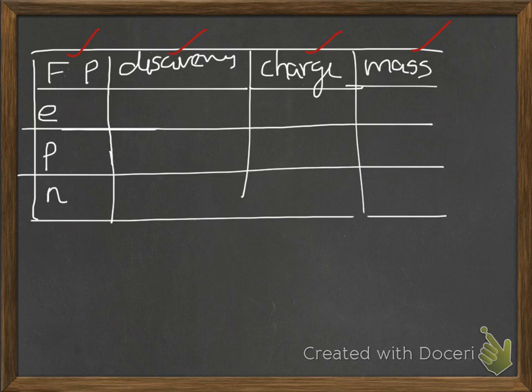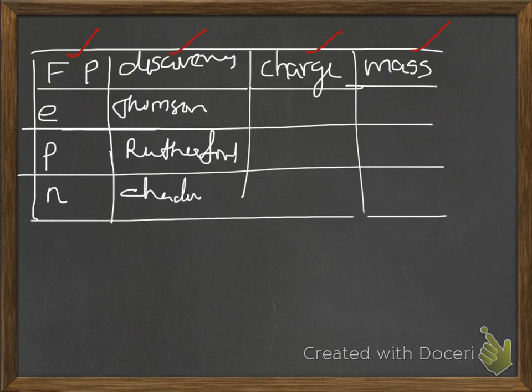These are the basics which we have to discuss in this table. First, electron. Electron was discovered by J.J. Thomson. Proton discovered by Rutherford, and neutron by James Chadwick.